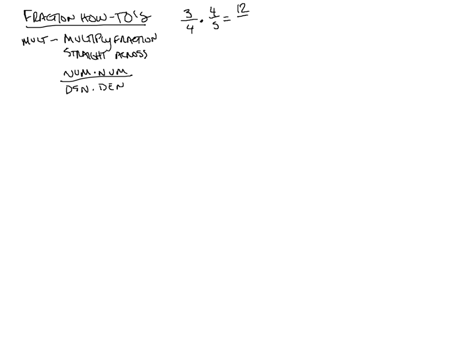So this is 12/20, which is the same thing as 4 times 3 and 4 times 5. And basically what you're doing when you're reducing fractions is you're dividing out common factors from the numerator and the denominator.